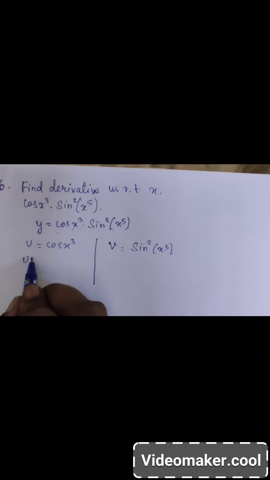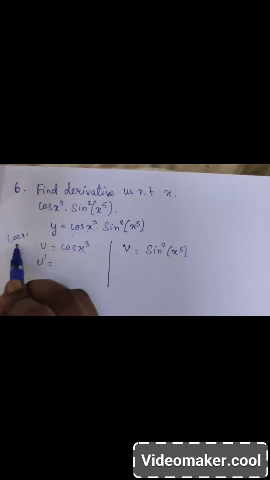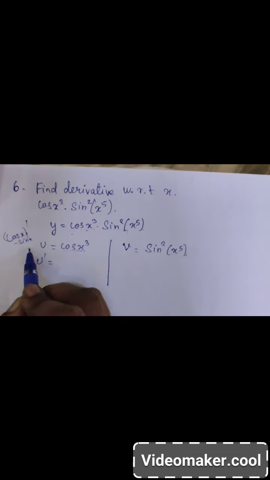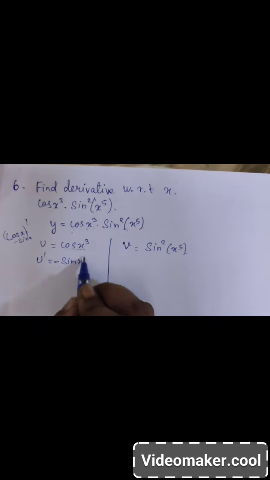Now the derivative can be calculated with the help of chain rule. At first we have to consider this function as cos function. The derivative of cos function is minus sin x. So we will have minus sine of x cube.